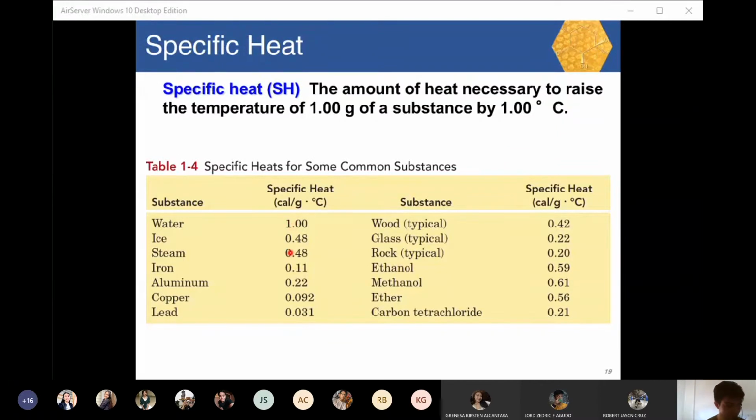For ice, that's 0.48, and so on and so forth. So you can take a screenshot of that photo because later on we will use those numbers para ma-solve yung energy mismo. Okay?